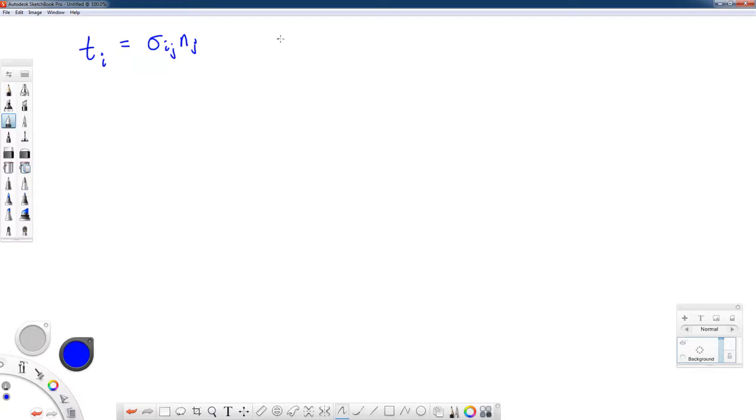There are a couple important things to remember when we use this particular formula. All of these terms must be using the same coordinate system. These are components. It's not a component-free version of this equation. So these are specific, tied to a specific coordinate system. So these must all use the same coordinate system. I've seen people mess this up.